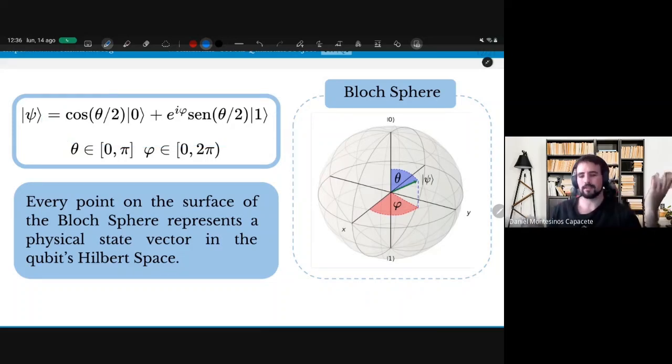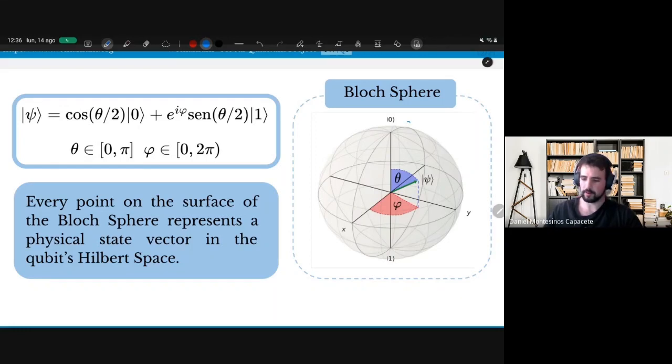So why is this change of coordinates interesting, and how is it related to the Bloch sphere? The Bloch sphere is just a sphere, right? With the radius of the sphere equal to one.